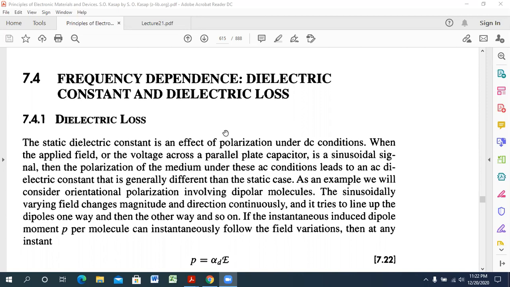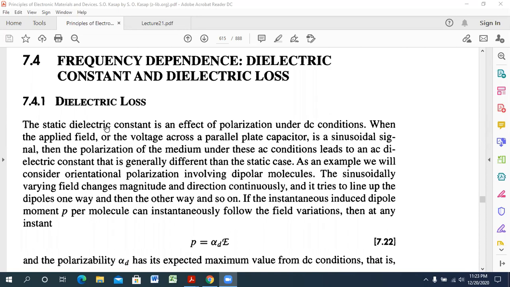But whenever we apply an AC electric field, or apply polarization, or something related to frequency, it will not be exactly the same as what we learned in free medium. So first of all, we will start from article number 7.4.1, the dielectric losses.